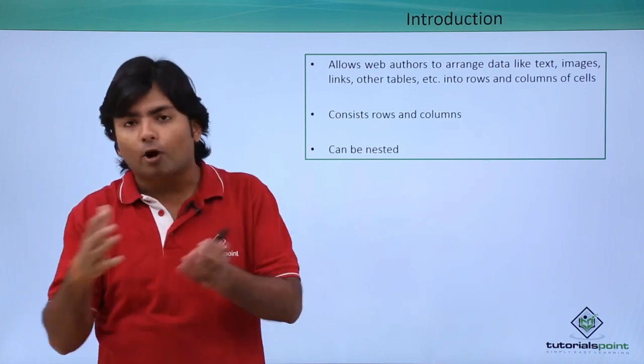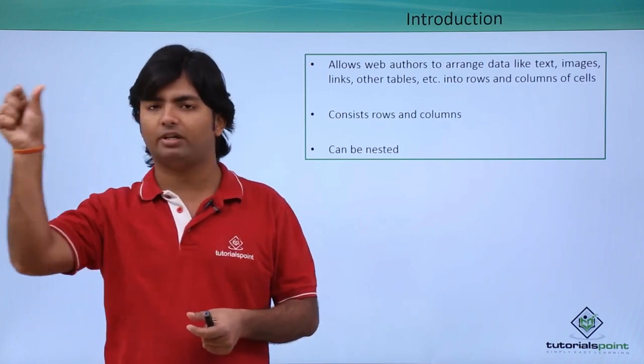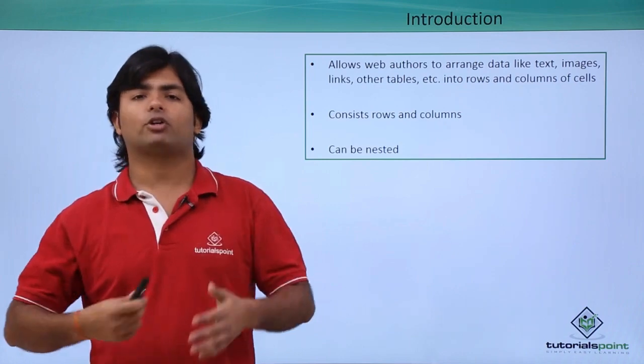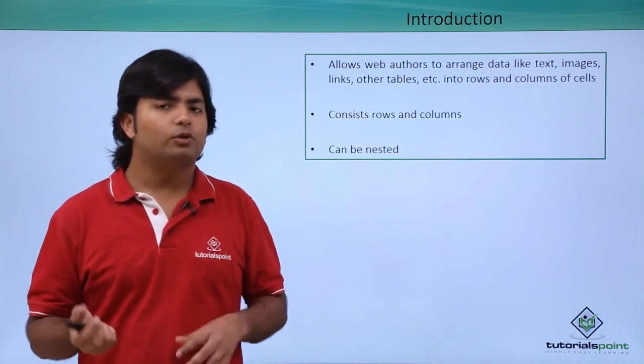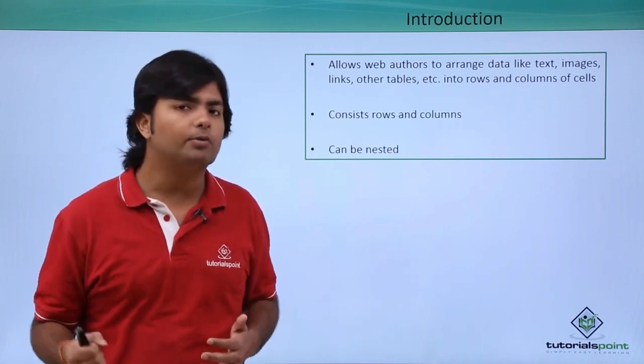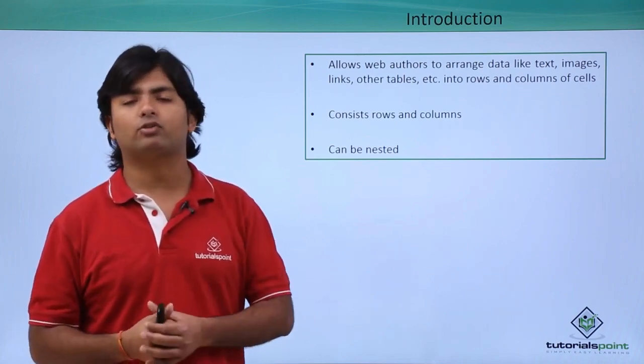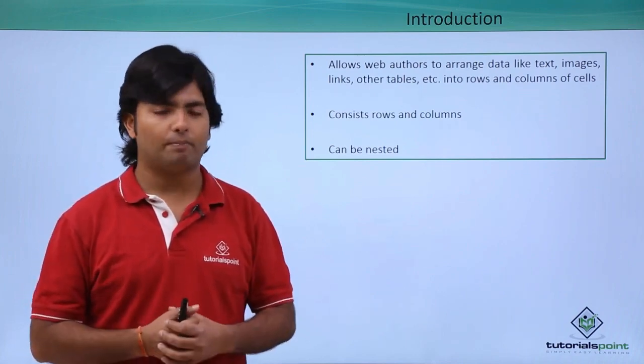After that, in what way you want to put the content, like some links, then some image or whatever you want to put. So using the different tags and attributes related to tables, you can actually structure your web page.